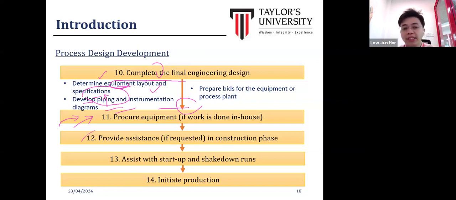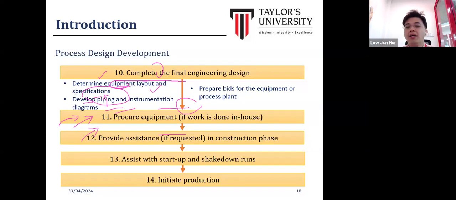Once the chemical plant is successfully constructed, we need to do what we call a trial run of the chemical plant, to make sure it can actually be operated as we expect. We also need to make sure the quality of the product we are going to produce is similar to what we expect.